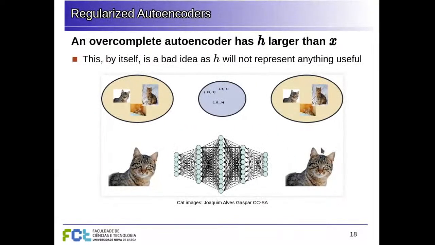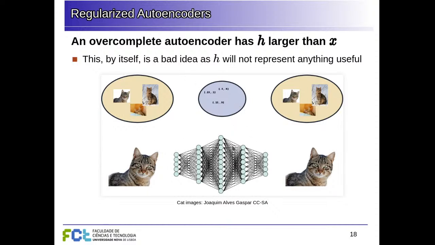Other ways of restricting what representations the autoencoder learns is to use regularization. There are different ways of using regularization, but we can even use an overcomplete autoencoder. This would be the opposite of the undercomplete autoencoder, which may have a hidden space representation, this latent representation, larger than the input and the output.